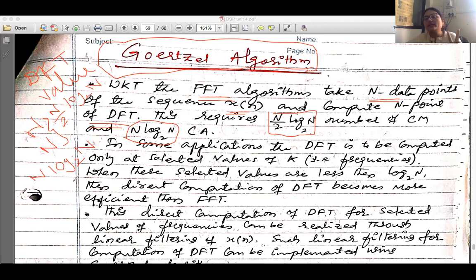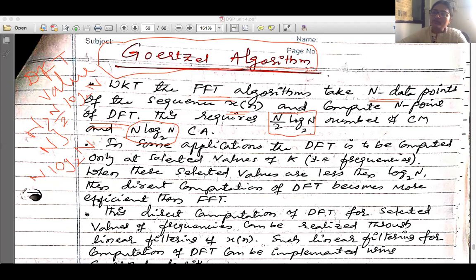For both DIT and DIF algorithms, the computational complexity is similar. While talking about computations, we talk about the number of multiplications and the number of additions, as I have told you.